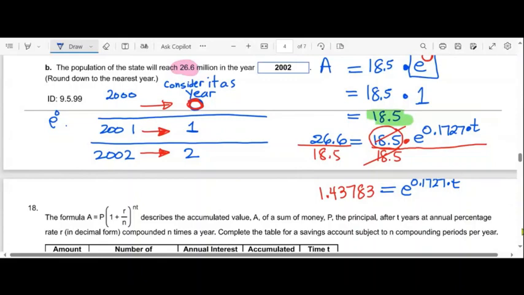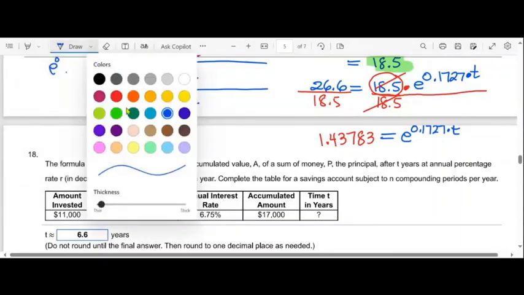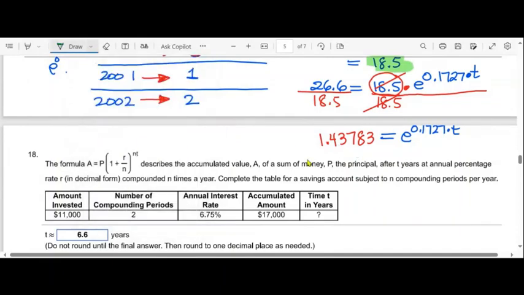Now I need to get rid of the e. What should I do to get rid of the e? We need to use ln. Exactly, ln.